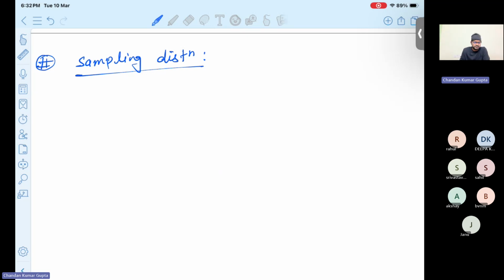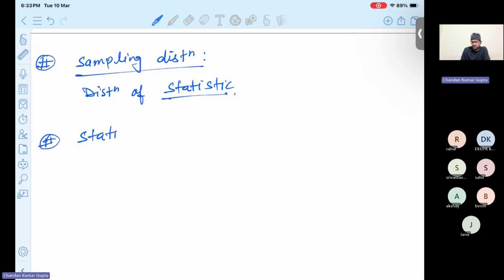See, the sampling distribution means the distribution of a statistic. The distribution of statistics is called a sampling distribution. Here, a statistic is a function of sample values. Thank you, Rahul. What is a statistic has already been discussed.